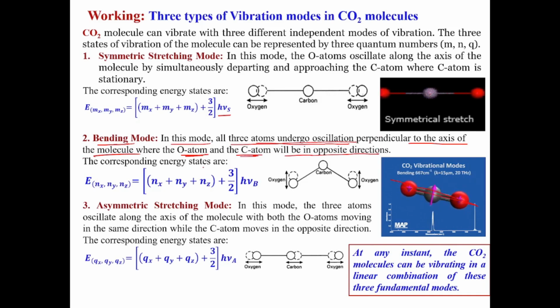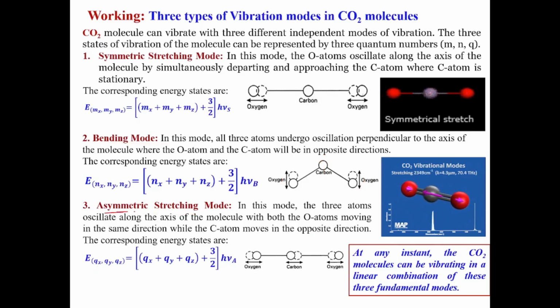The corresponding energy states are represented as (nx + ny + nz + 3/2) h nu b for the bending mode. Here you can see, if the oxygen moves this side, the carbon moves the other side. This is called the bending mode. This one is the asymmetric stretching, but this one is the bending mode. And this one is the asymmetric stretching, which I am going to discuss now.